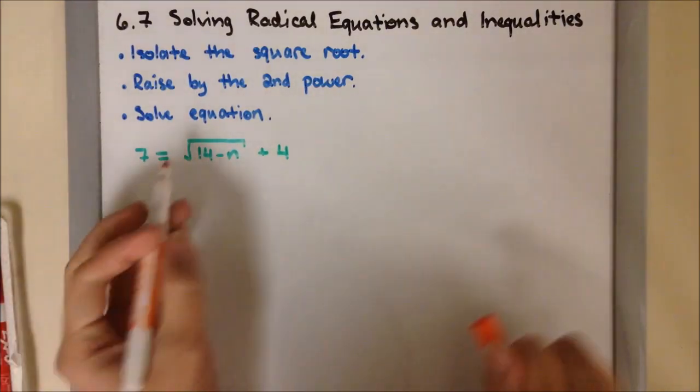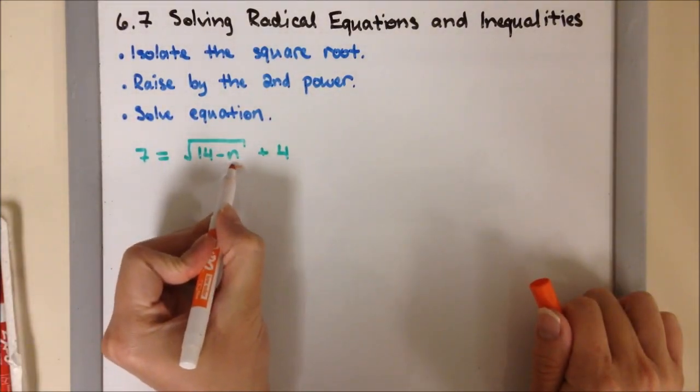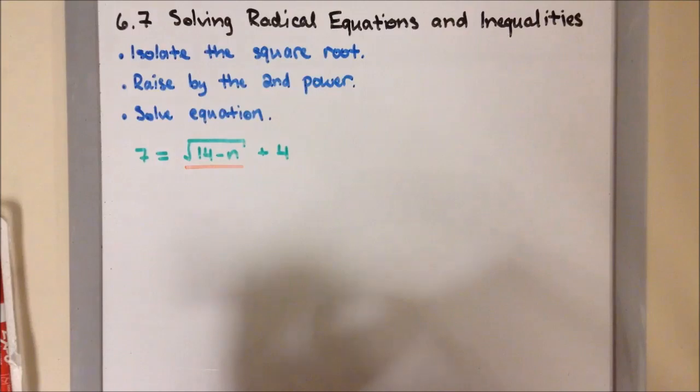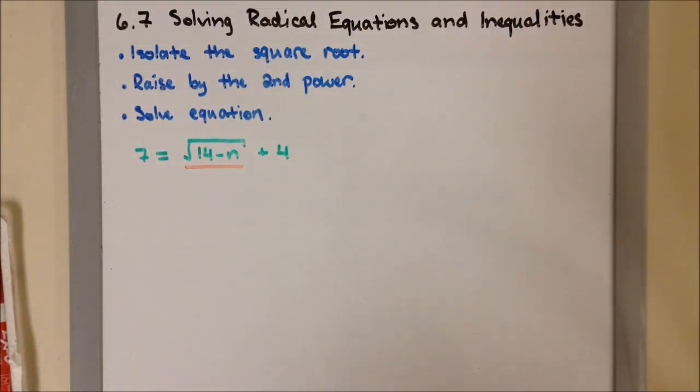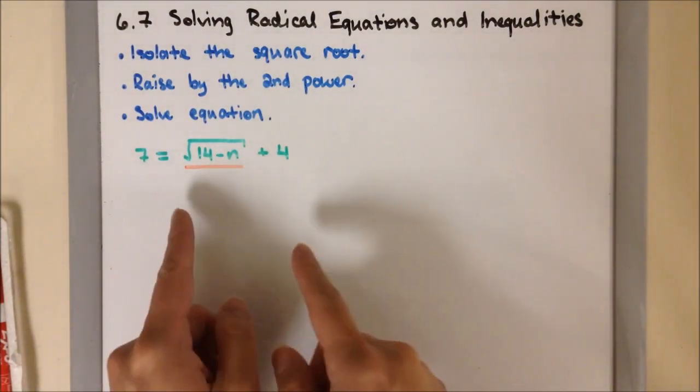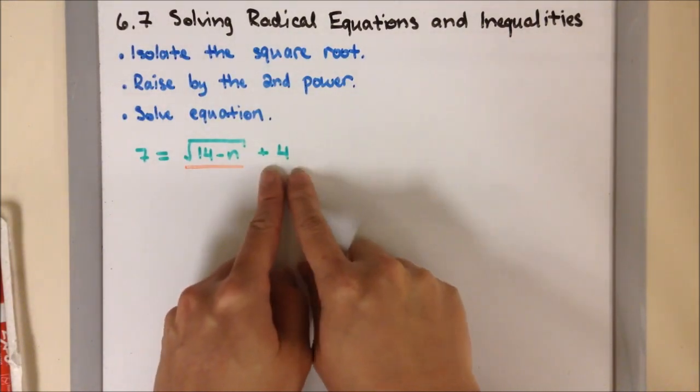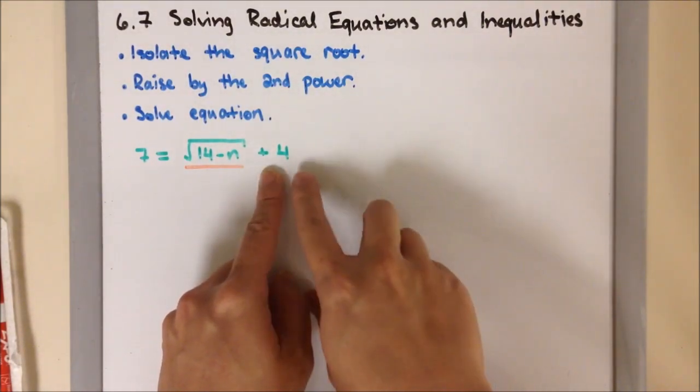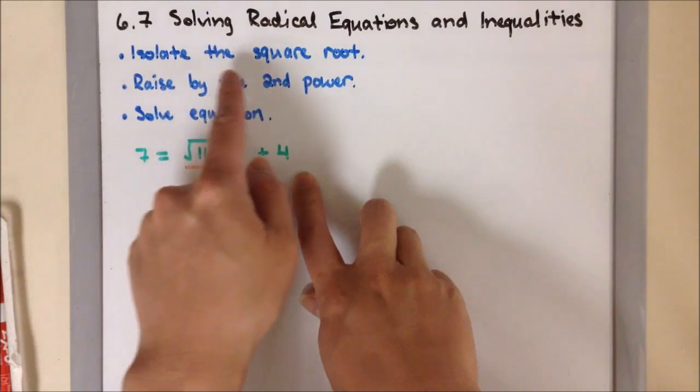Here's our first example. We have the square root of 14 minus n. Now, it's on the right side of the equal sign, and we have the plus 4 that's outside the square root. So for step 1, isolate the square root.